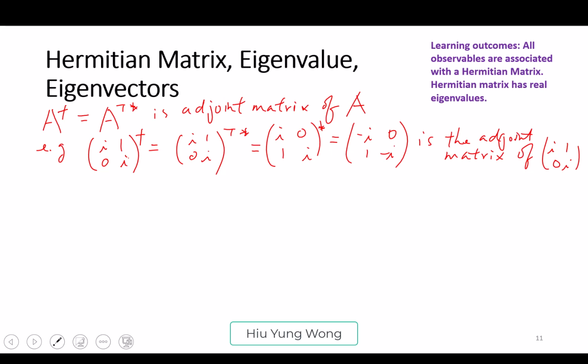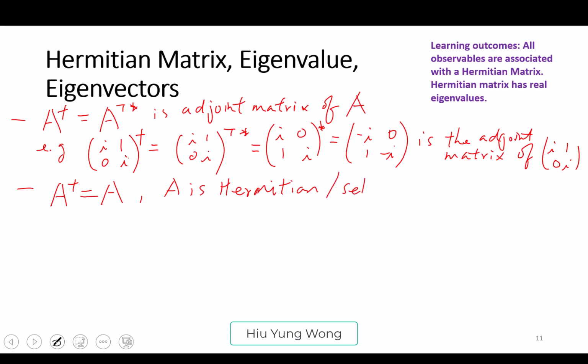Just some definitions, nothing special at this moment. But now we're going to introduce, for some matrix, its adjoint matrix equals itself. Then we call A the self-adjoint or the Hermitian matrix.